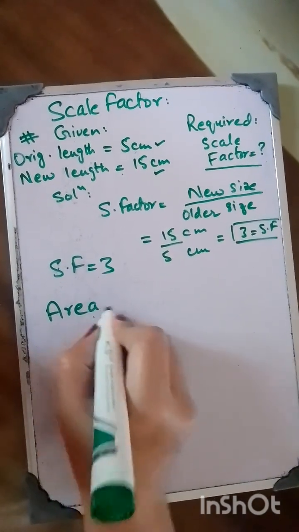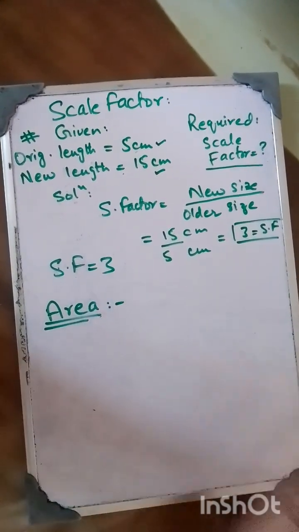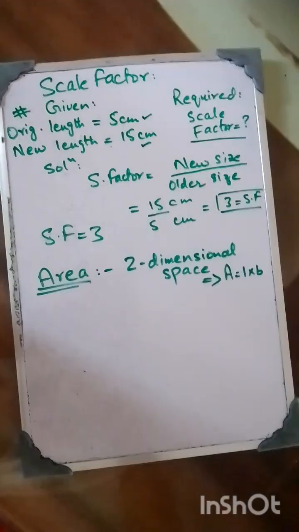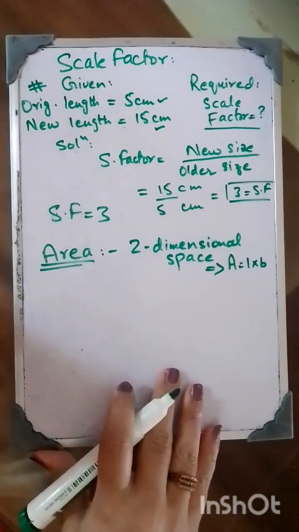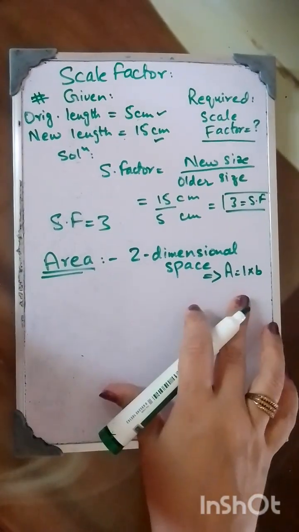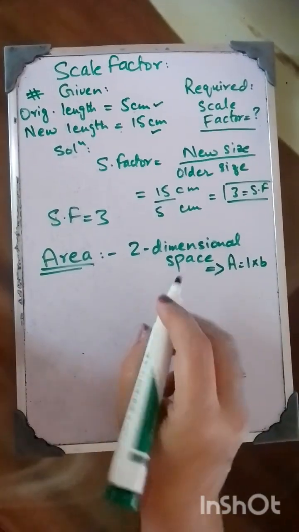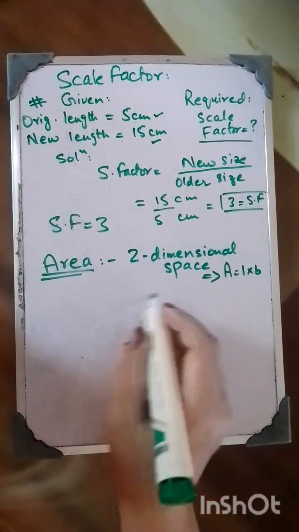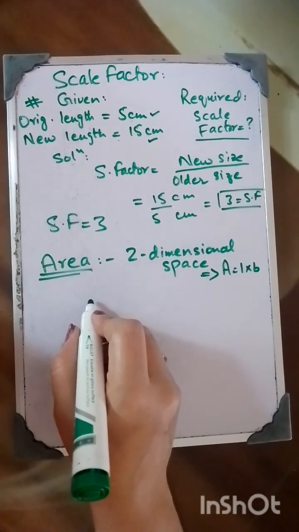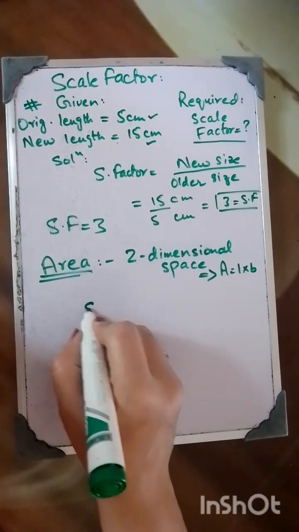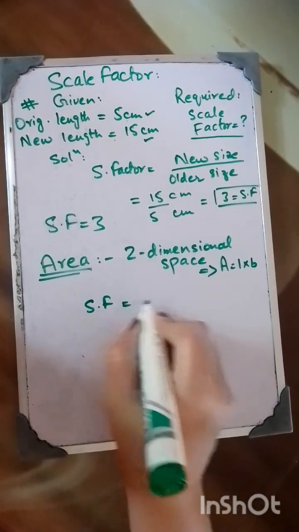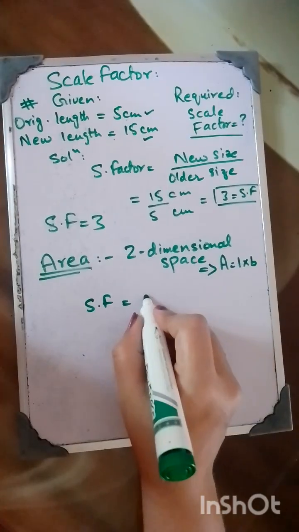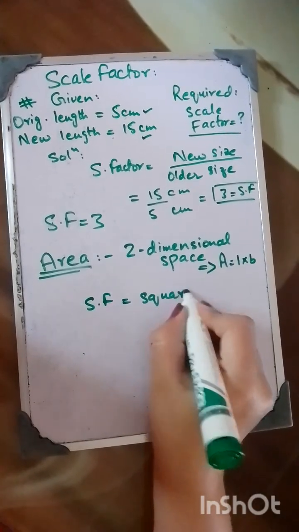Isn't it easy? All right, now let's move on to area. Let's talk about area. Since area is a two-dimensional space, we have a specific formula again, length into breadth, or length into width, you can say. That's how we use area. So the scale factor will be squared while dealing with area.